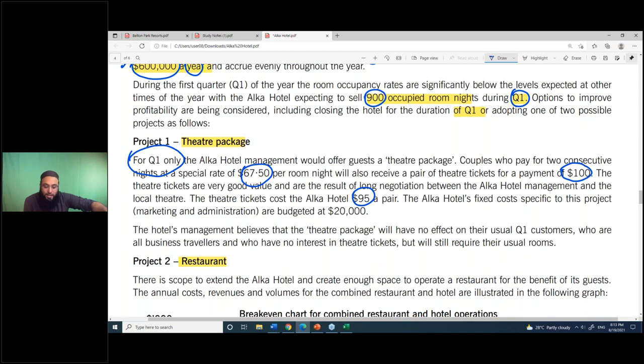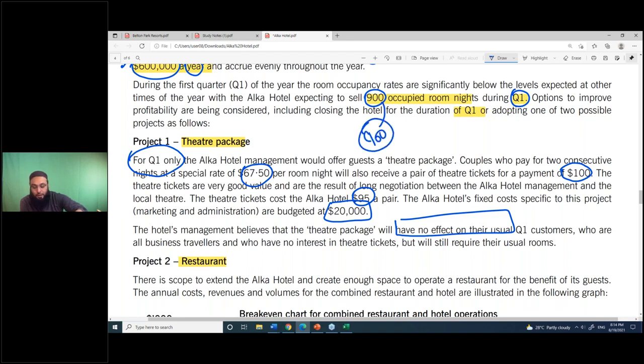The Alka Hotel's fixed cost specific to this project is budgeted to be $20,000. The hotel's management believes that the theater package will have no effect, and that's very important, on their usual quarter one customers, and those are 900.